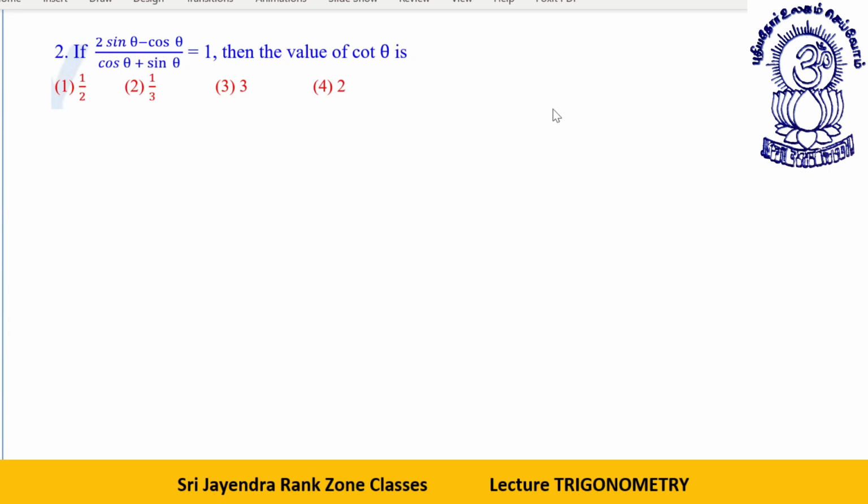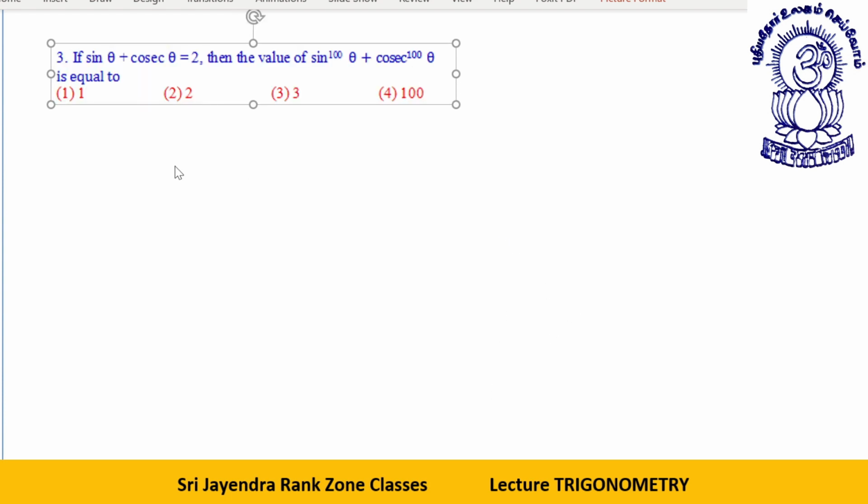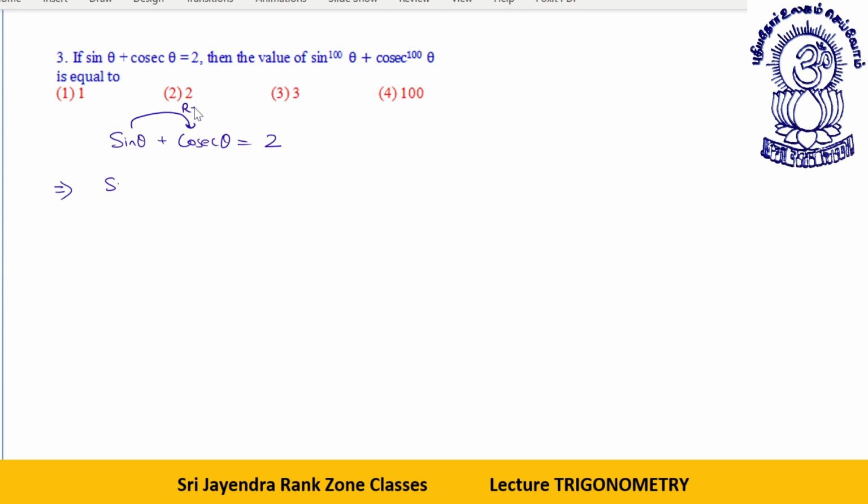The next question we have is sine theta plus cosec theta is equal to 2. Now, it means, see, the reciprocal of sine theta is cosec theta.